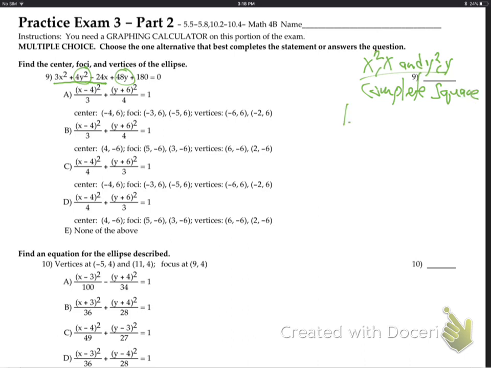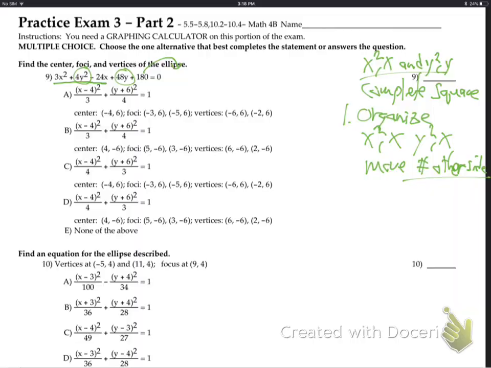And what that means is, number 1, organize x squared with x, y squared with y, and move the number to the other side. So that means move the 180 to the other side. Let me rewrite it over here.